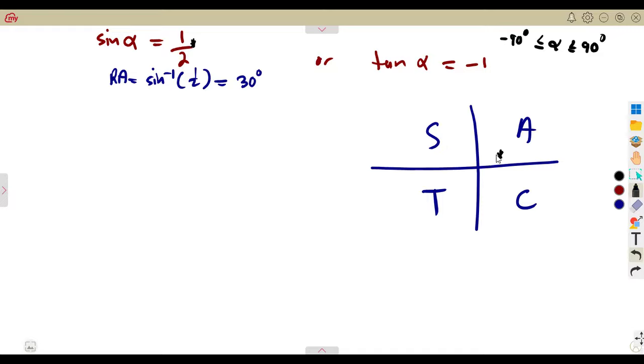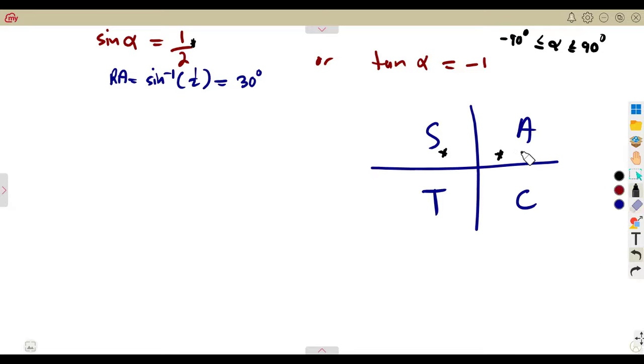In the first, in the second. In this quadrant, it's negative. In this quadrant, it's negative. So you cannot consider that. So when you say negative angles are not going to be taken, because if you take a negative angle, sine of -30 degrees will give you -0.5, not a positive 0.5. So it's not to be taken.